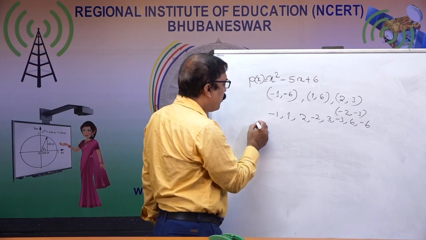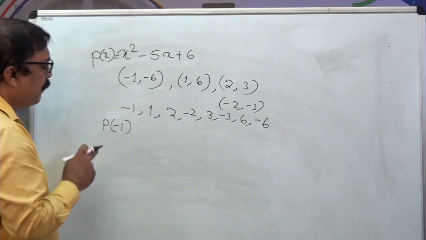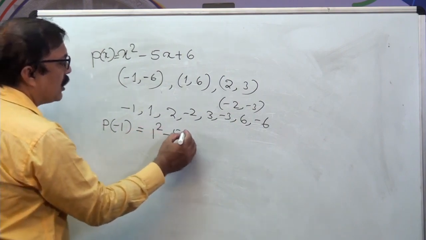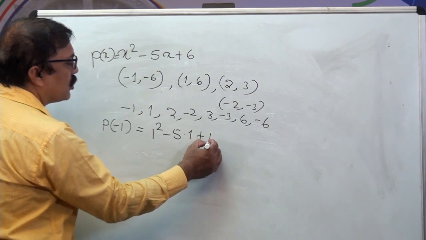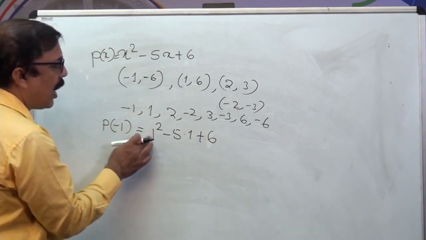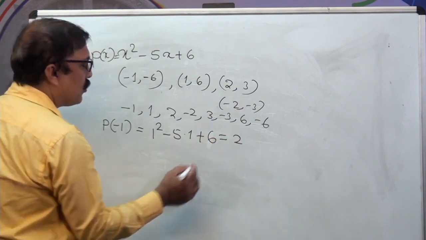So if we put the value p(minus 1), then we'll get 1 square minus 5 into 1 plus 6, that gives 1 plus 6, 7, minus 5 is equal to 2.